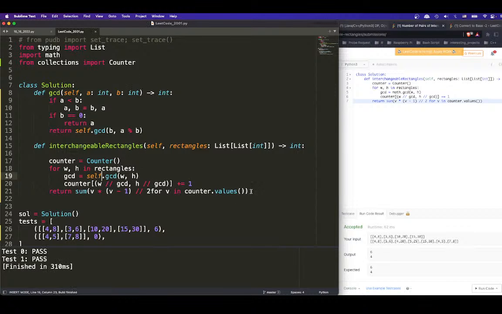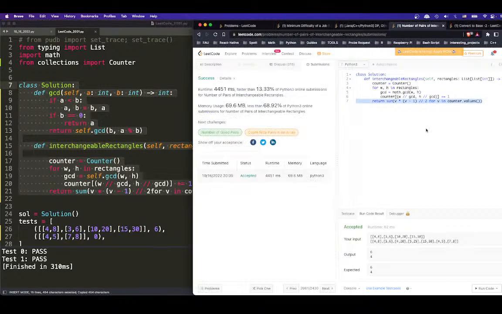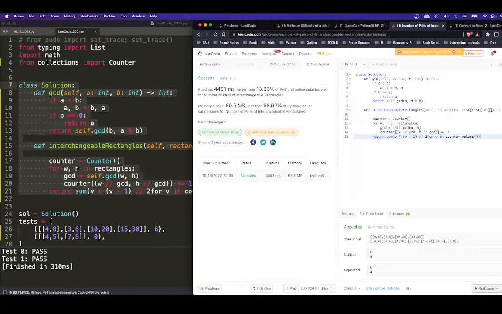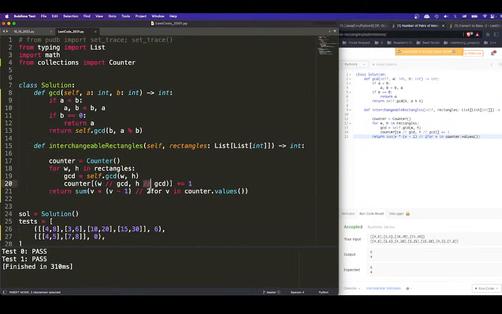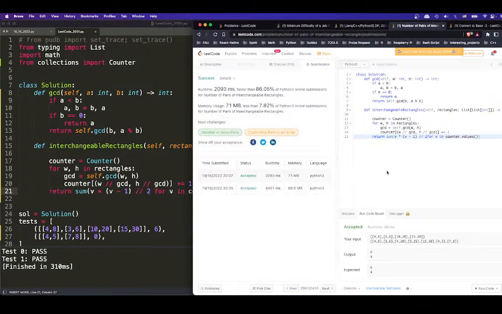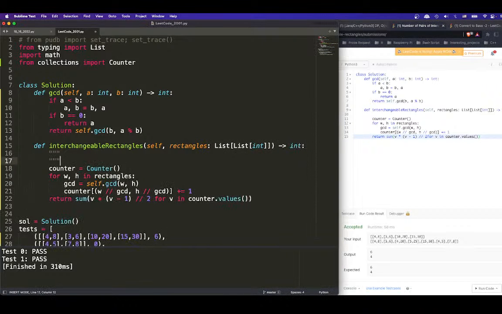Still works, but let's see if this is going to be any faster. Still haven't fixed this one. Faster. So rolling our own GCD is faster, as always.